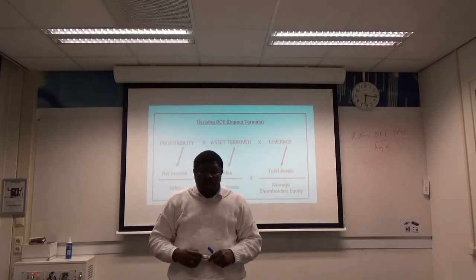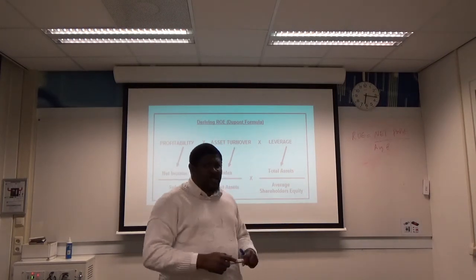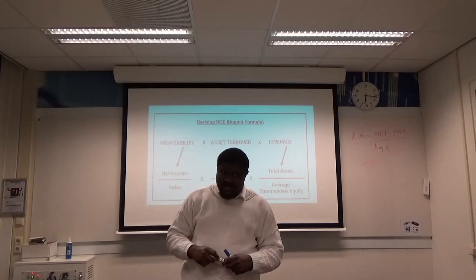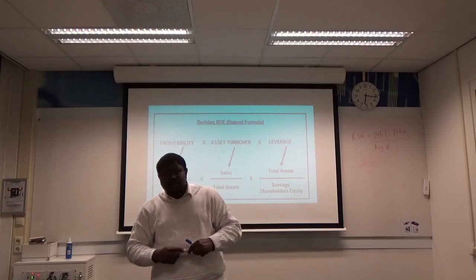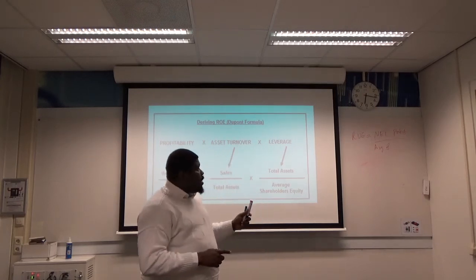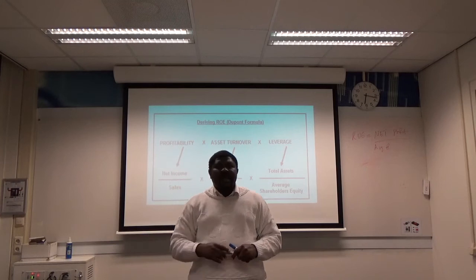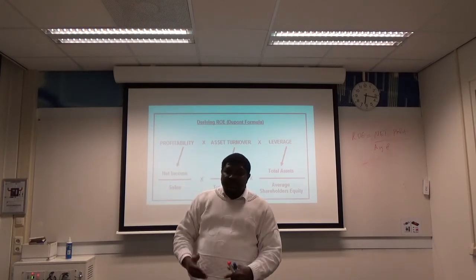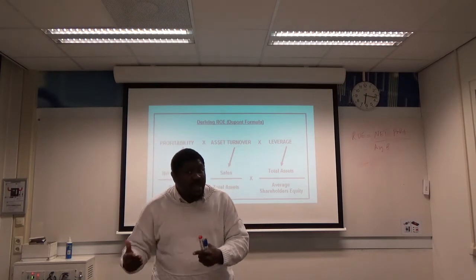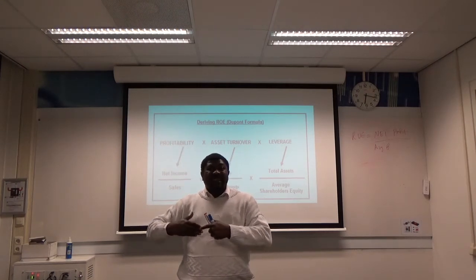Then maybe somebody already asked, when we have this equation, why do we need the DuPont analysis? This brings me to the story. The CEO and the CFO at DuPont decided to break the ROE into three constituent parts. This was because it was easy to calculate the ROE, but it was difficult to predict what the ROE would be for the next years.